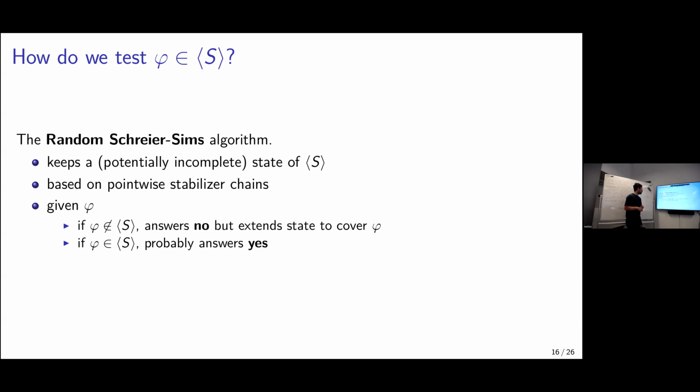If you look at this, it turns out that the direction of the error from this algorithm is the right way for us. It will never say that something is an element of what you've already found if it is not. So this is again the right kind of error.